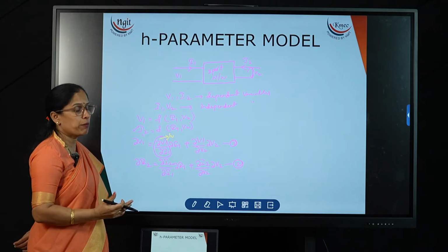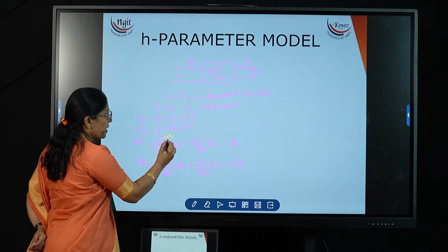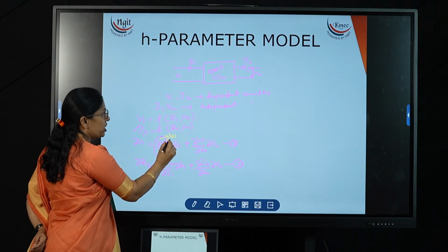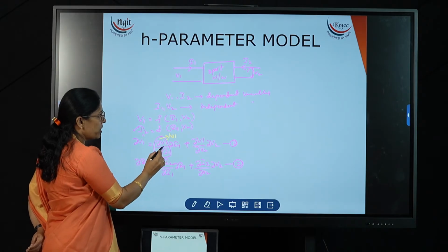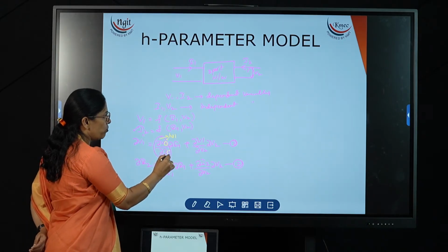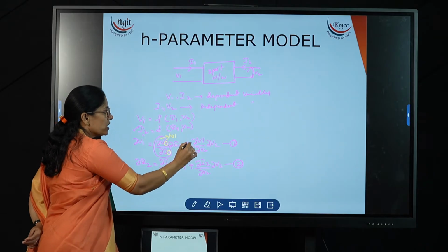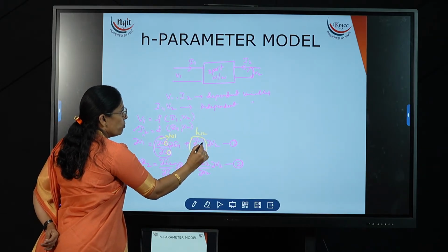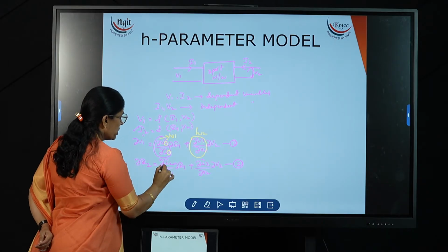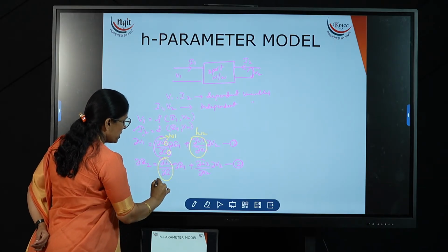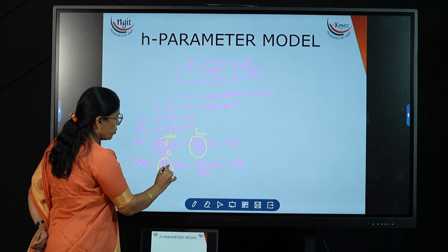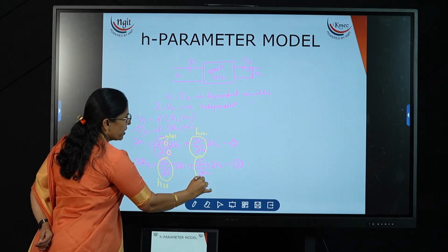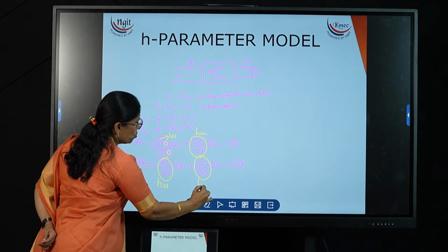So here this is H11. Why 11? H indicates hybrid. 11 indicates input voltage, input current, that's why H11. Similarly this I am representing as H12, input voltage, output voltage. This we can represent as H21, output current, input current. And this we can represent as H22.